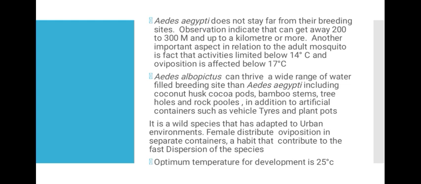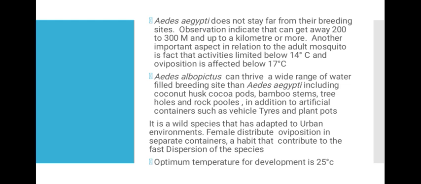Aedes aegypti does not stay far from their breeding sites. Observations indicate that they can go 200 to 300 meters and up to a kilometer or more. Another important aspect in relation to the adult mosquito is that activity is limited below 16 degrees Celsius and oviposition is affected below 10 degrees Celsius.